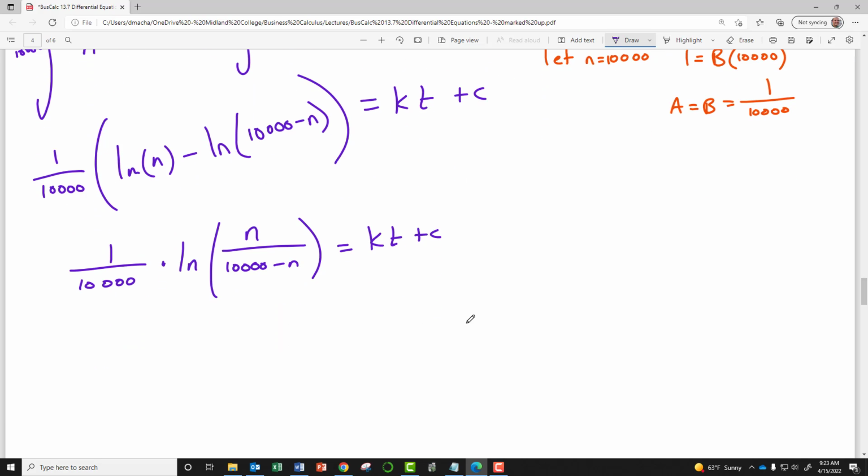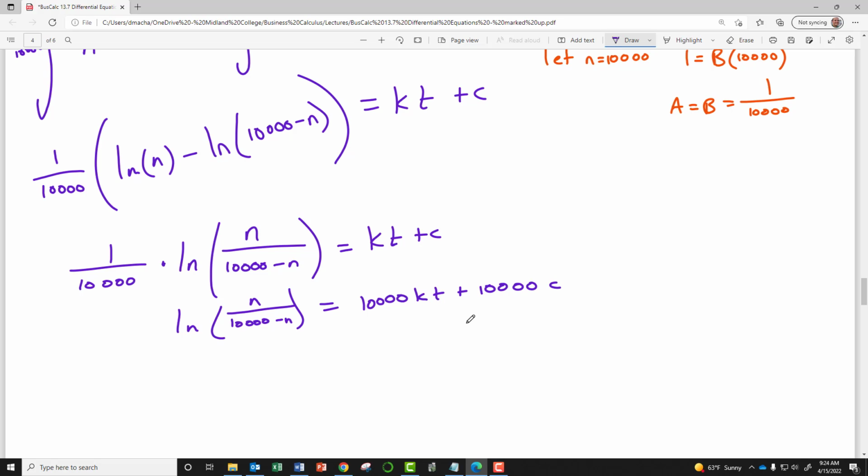And if I multiply both sides times 10,000, I get the following. Same stuff equals 10,000 kt plus 10,000 c.